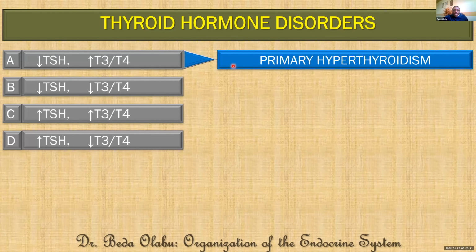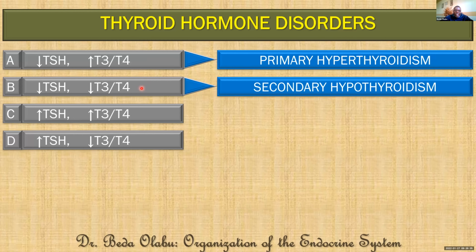So patient A has primary hyperthyroidism because high levels of T3 and T4 are being seen, so it's hyperthyroidism. But we see TSH is low, which means this hyperthyroidism is not being caused by stimulation. The gland is just hyperactive. Patient B has secondary hypothyroidism because we see low levels of T3, T4, and this is as a result of understimulation.